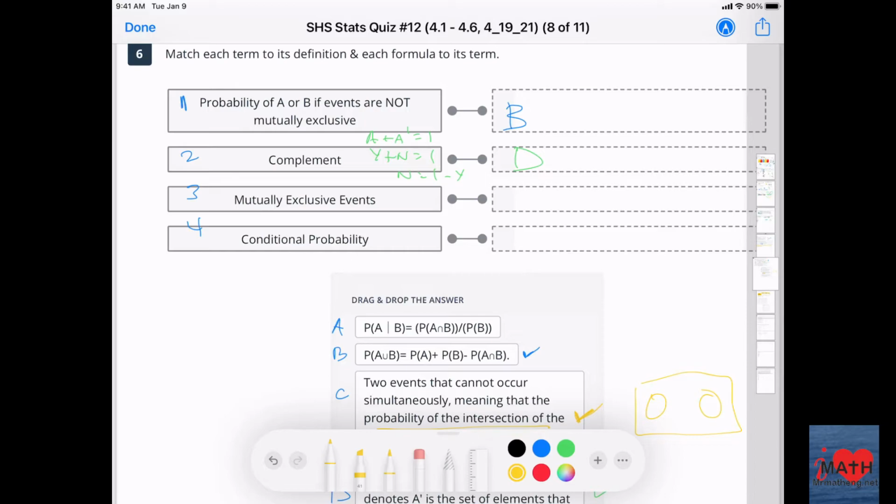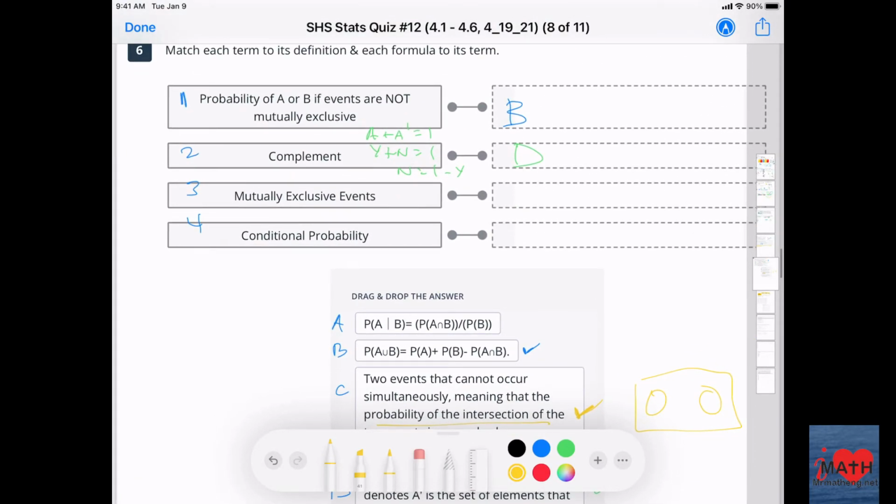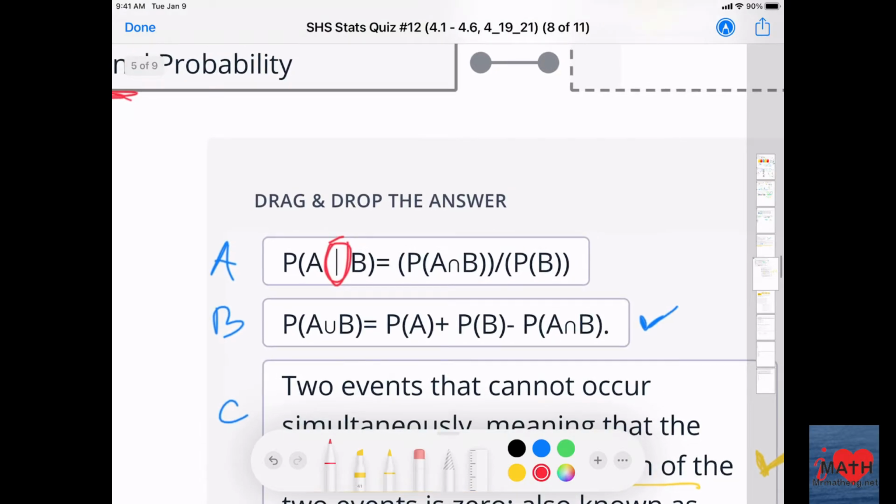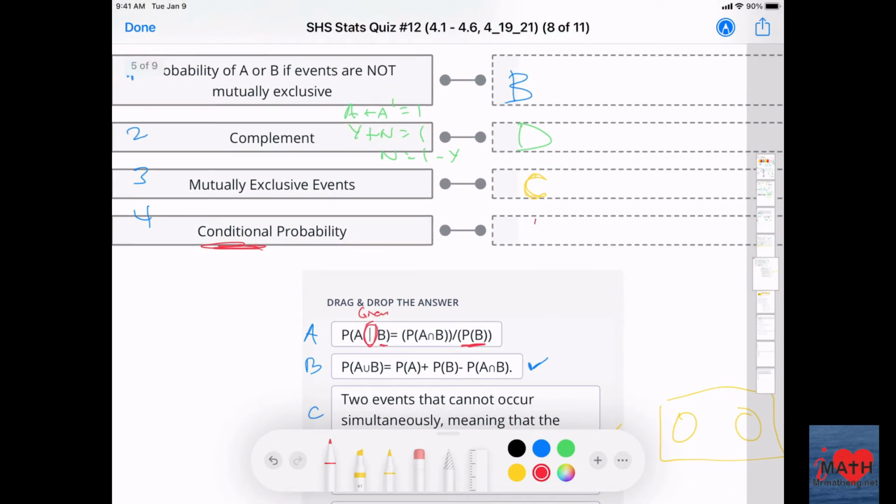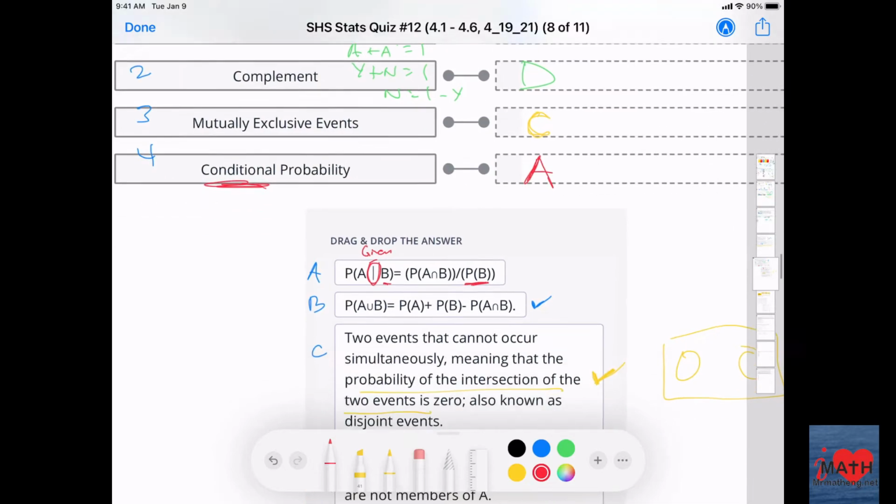So that would be 3C. 3 is C. And then number 4, conditional probability. Remember, conditional probability, you have this condition. Given B, so that was in the denominator, and then their intersection of both A and B. So this one is A.